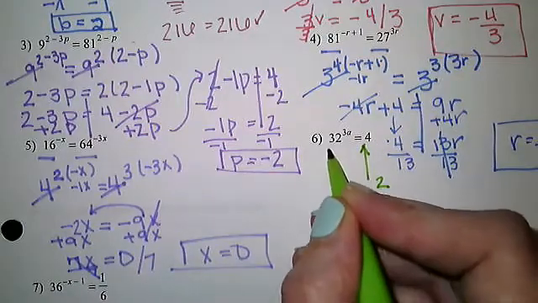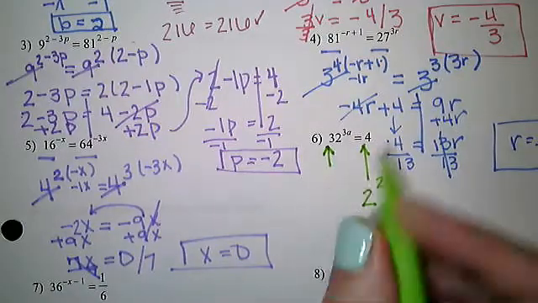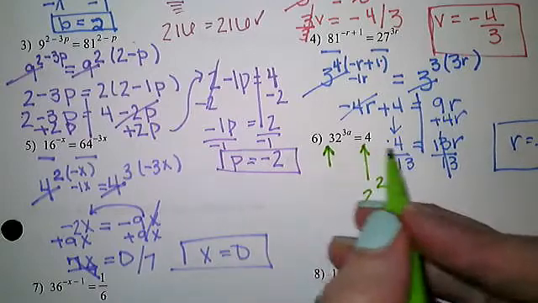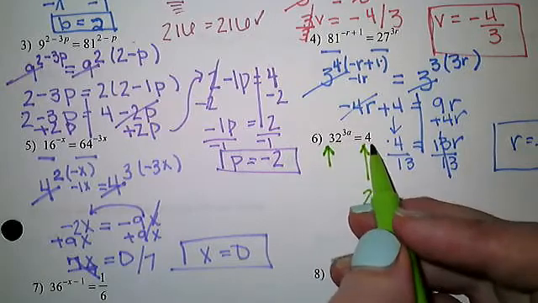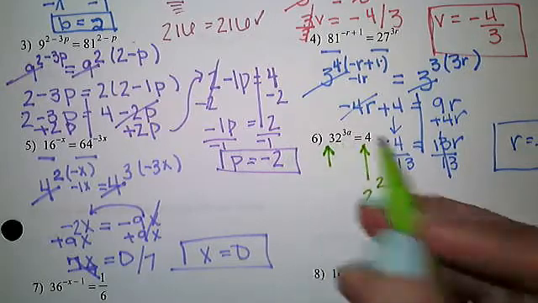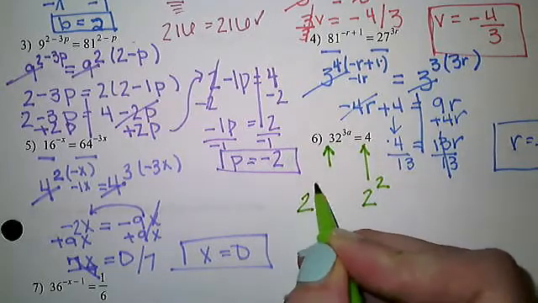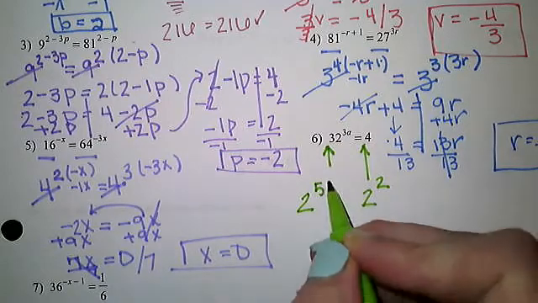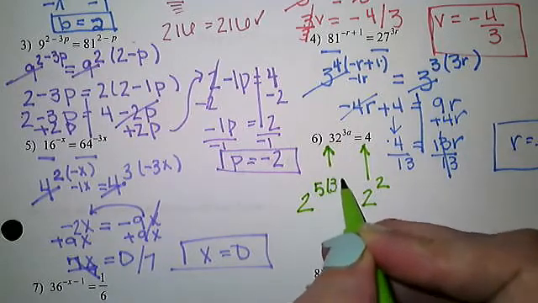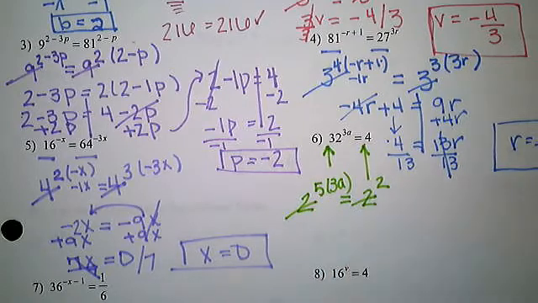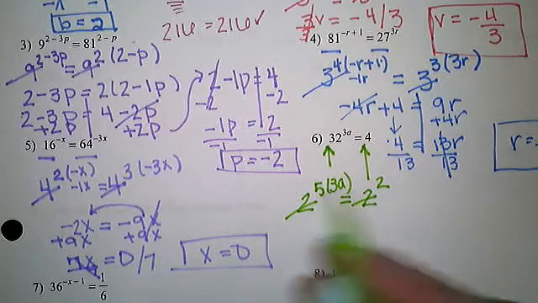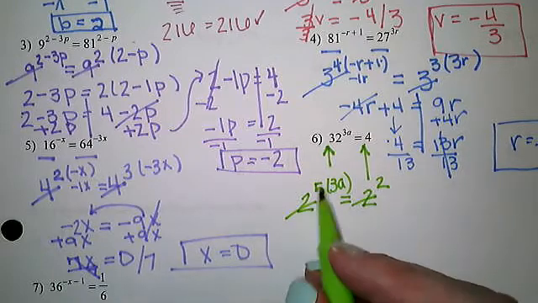I decided to use 2 because 32 cannot be rewritten as a new power of 4. For instance, 4 squared is 16, but 4 to the third is too big. But 2 to the fifth is 32. So when this happens, we drop down our old power if we have one, cross out our base, and then set our exponents equal.